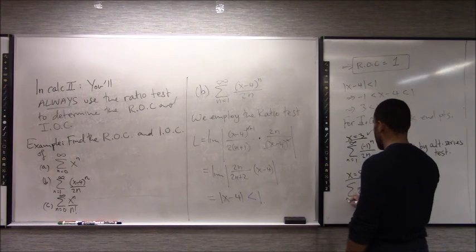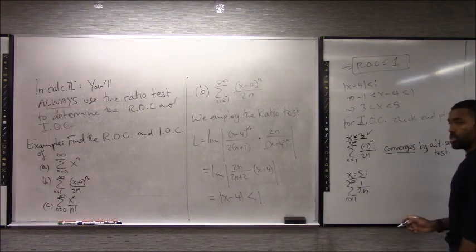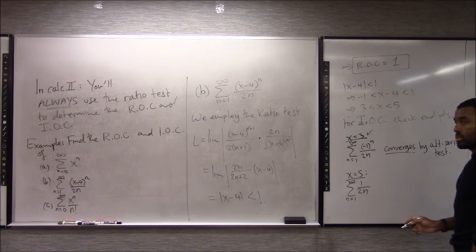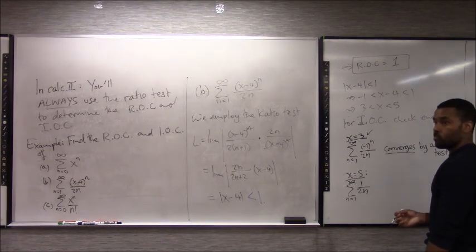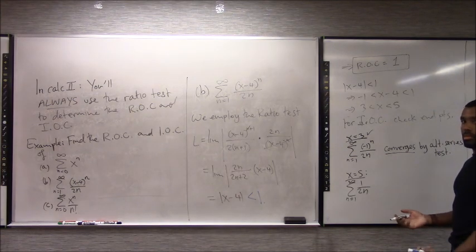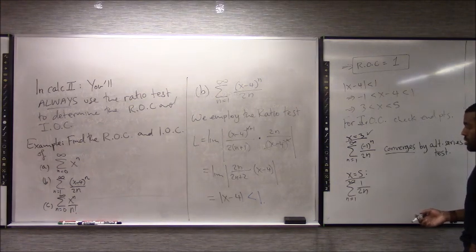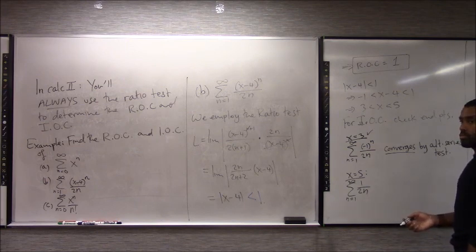So it's like 1 over 2n, and goes from 1 to infinity. Converges or diverges? Any guesses?